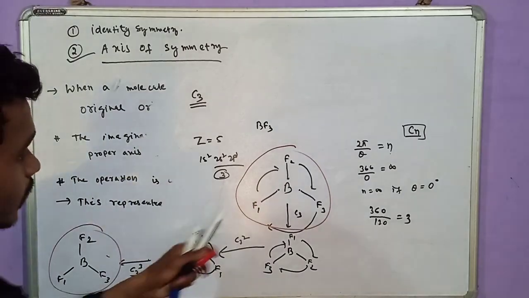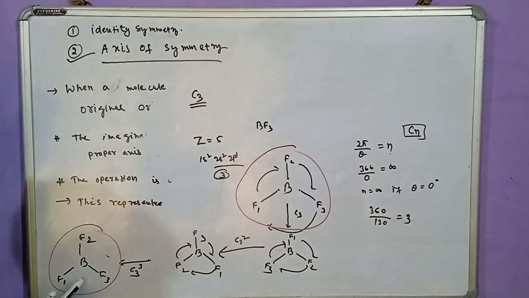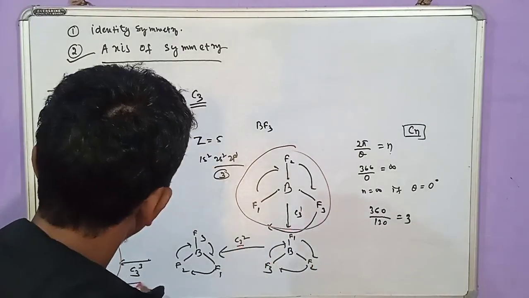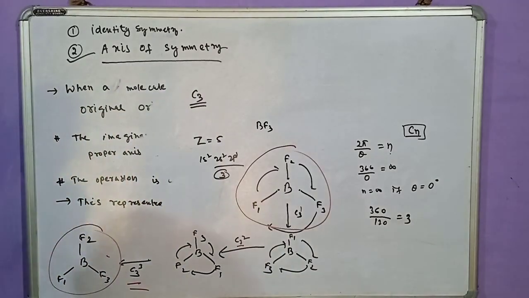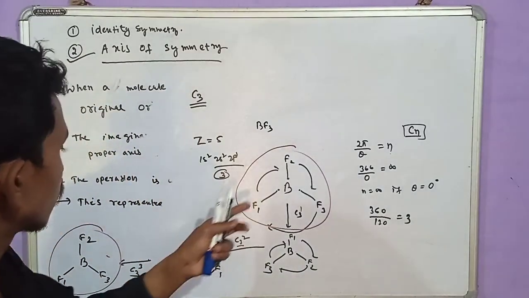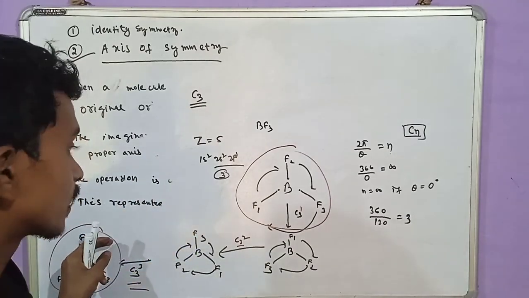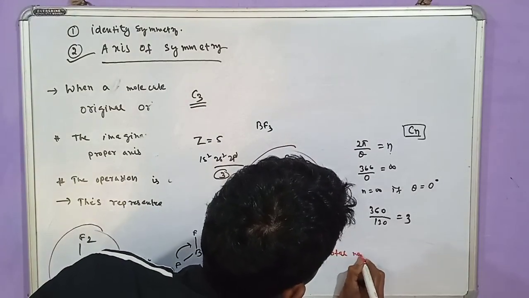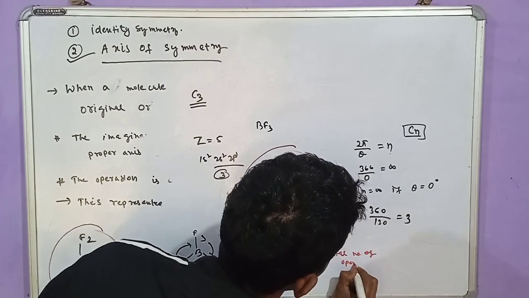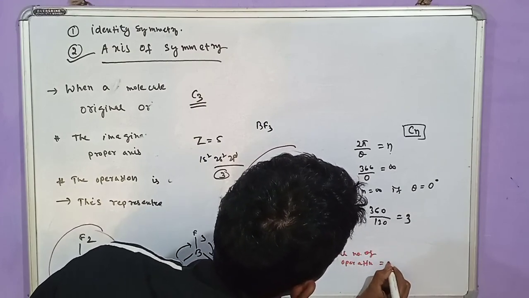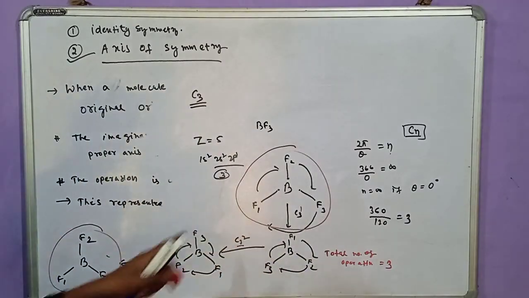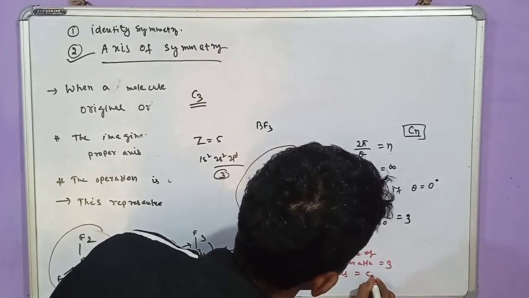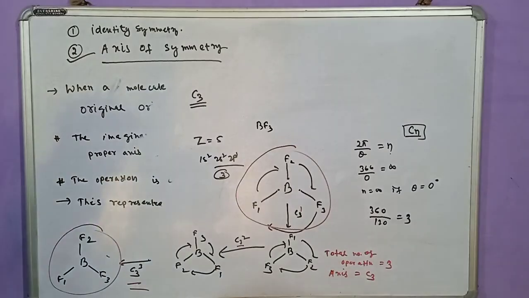So how many operations are needed to get the identical molecule? One operation is this, this is 2, another is 3. So total number of operations is equal to 3, meaning the total number of operations required to get the identical orientation. So here the axis present is C3, and another axis is also present.